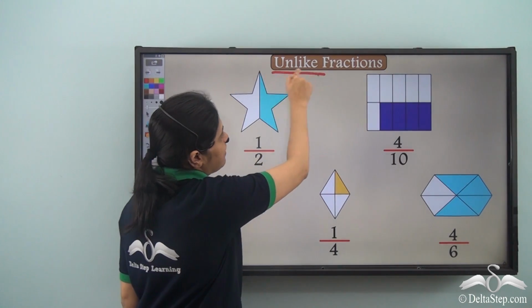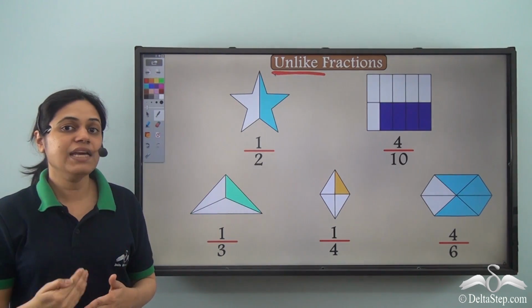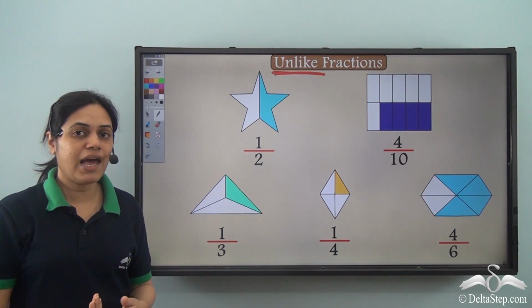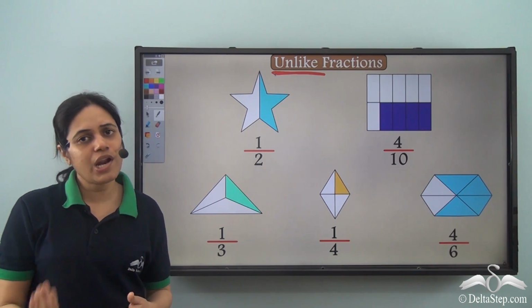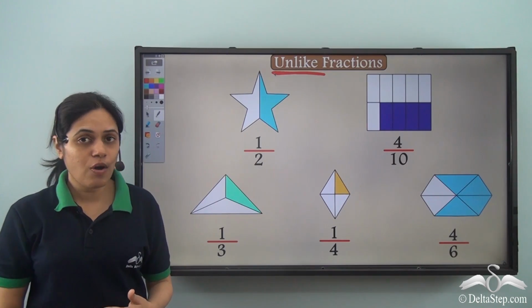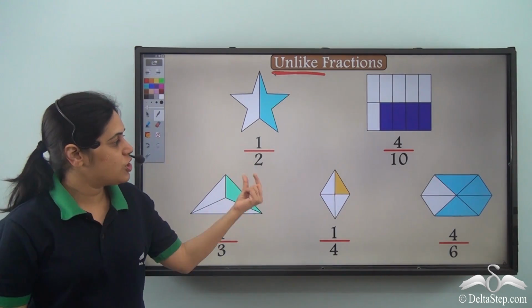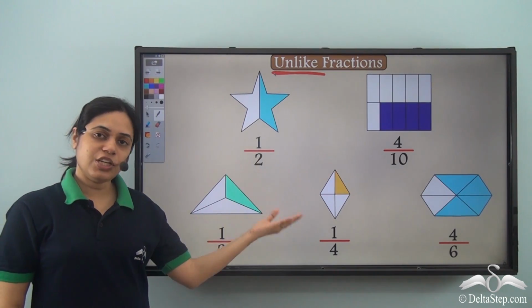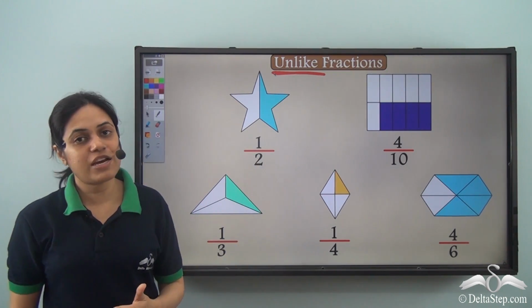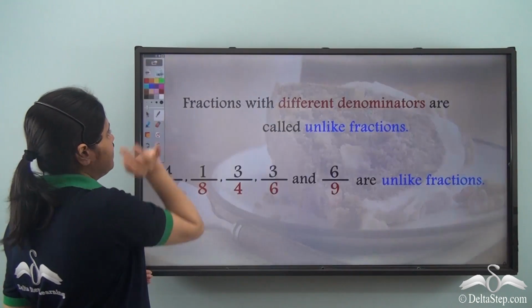So unlike fractions, they are not like each other. They are unlike each other. And what decides whether they are like each other or unlike each other? The denominator. So if the denominators are the same, the fractions are like. If the denominators are different, the fractions are unlike.